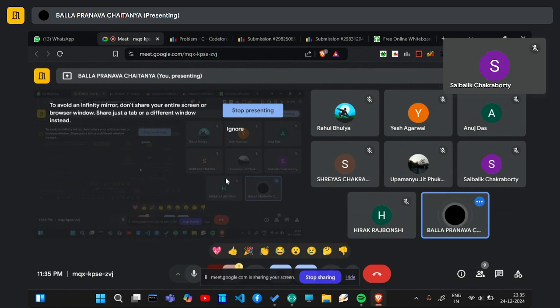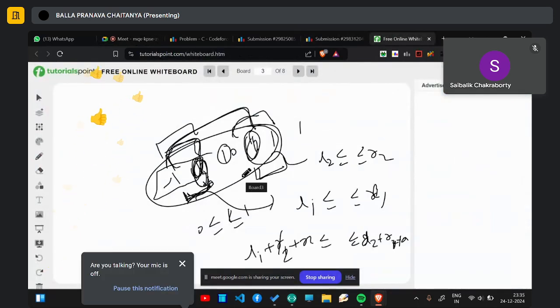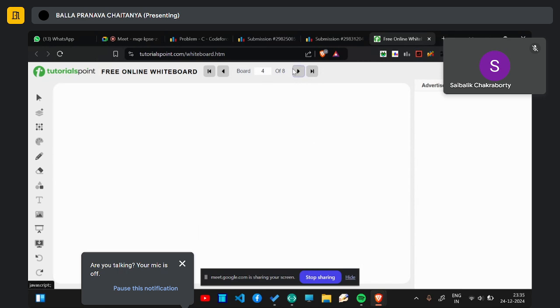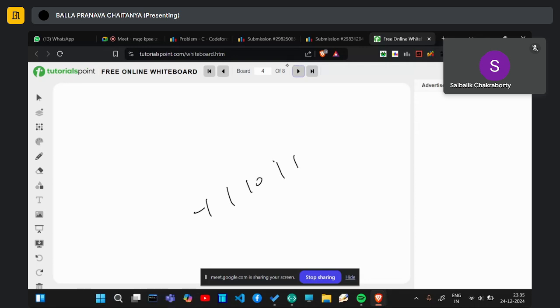Is this clear, or any doubt? Okay, if this part is clear, then it's simple. We just find the ranges including this element. This is important, so we need to include that element. Whatever it may be, you need to include this element and take a subarray like this, and find the range of what you can get. I've already explained it.